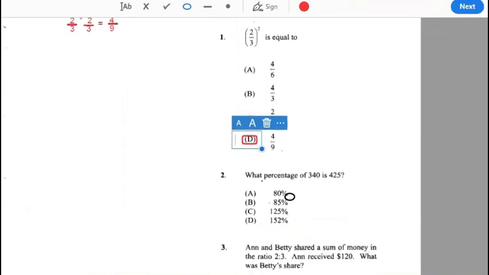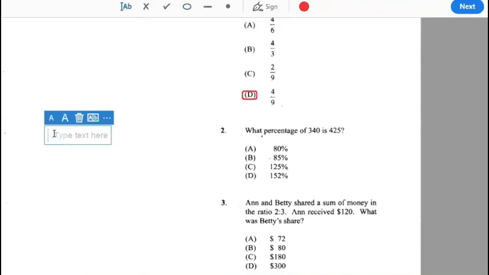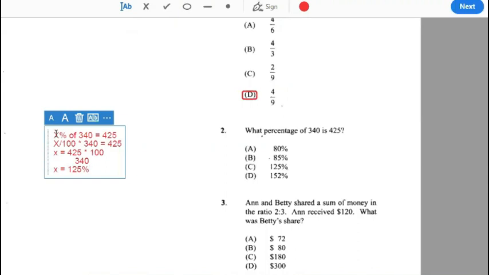Question 2 says, what percentage of 340 is 425? So let that percentage be x. x percentage of 340. So you'll see some of the workings popping up because I've worked them multiple times for other students. So x percentage of 340 is 425.